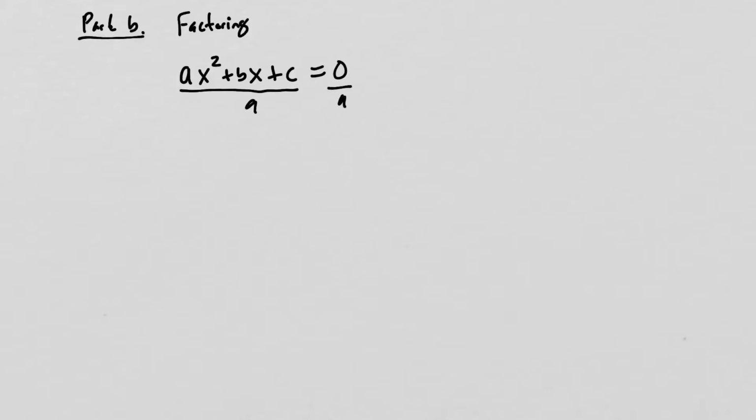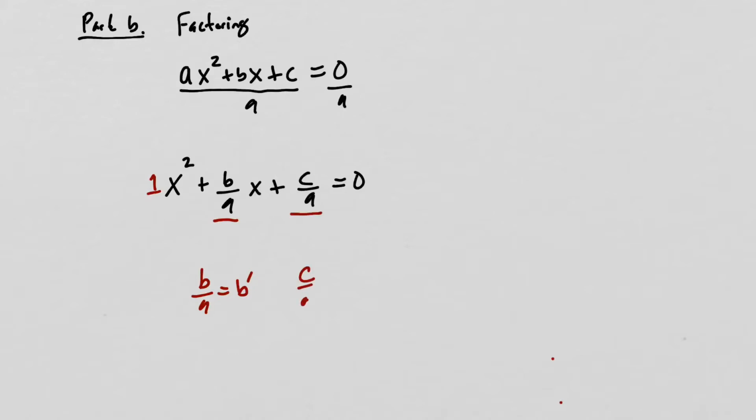and we'll get a quadratic of the following form: x squared plus b divided by a x plus c divided by a is equal to 0. What we did here is we made the leading coefficient in this quadratic equation equal to 1. And we can rewrite our second coefficient, b divided by a, as b prime, and we can rewrite c divided by a as c prime.